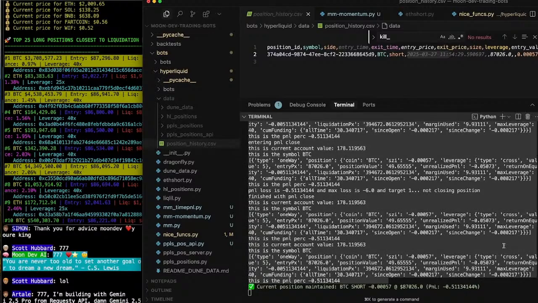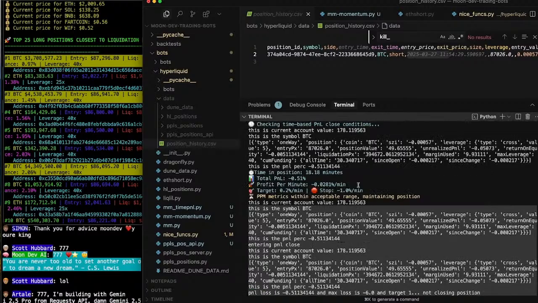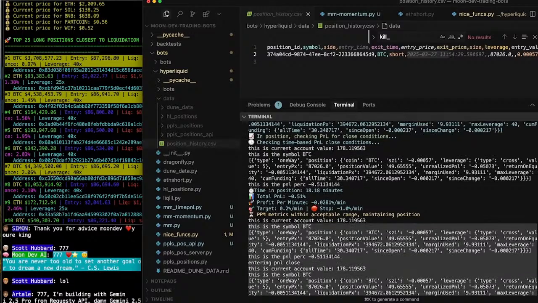Please remove these lines from the printout. I would like the last things to show my P&L and the profit per minute, target, etc. So I can just see that at the end of each run. Good move. That's a solid first move.